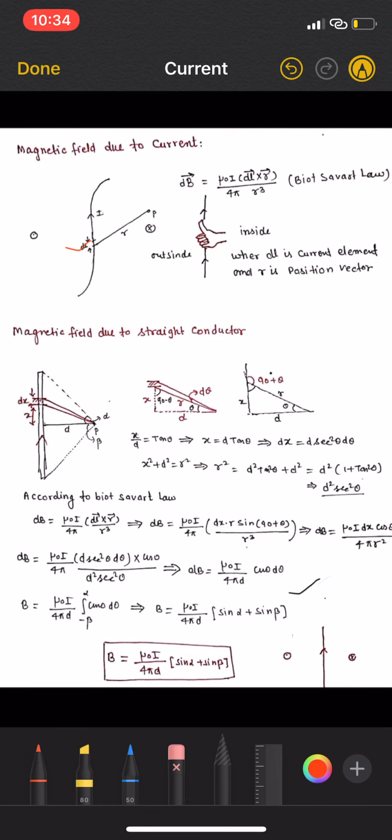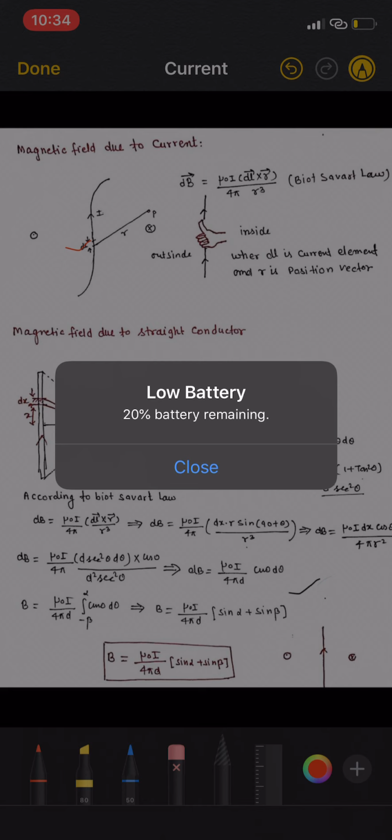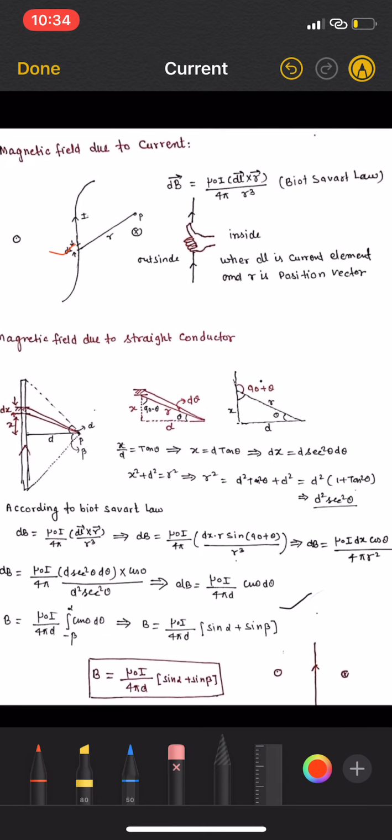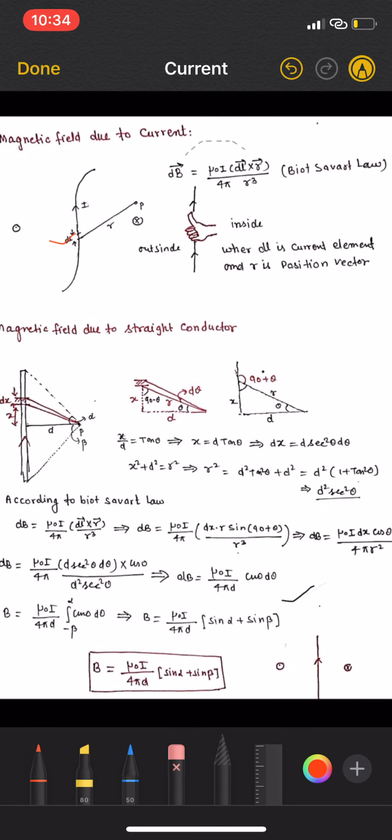Now to find this magnetic field directly, we have the Biot-Savart formula. Of course we can derive it, but better we just write it. The formula is dB equals mu naught by 4 pi, dl cross r divided by r cube.